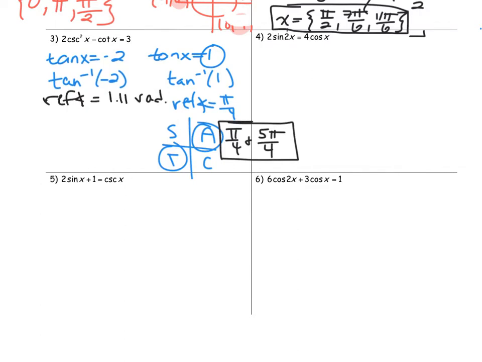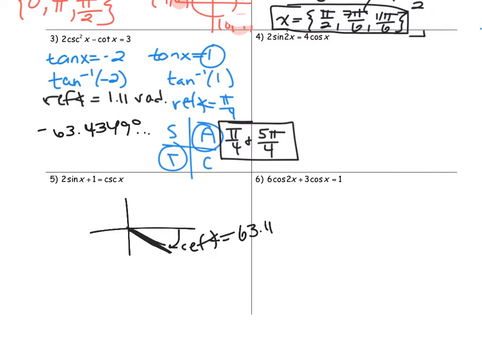Well, if I type into my calculator tan inverse of -2, you'll end up getting -63.4349 degrees, right? Okay, well, that's telling me that you're in this quadrant. So if you were to think about that, this went down by -63.43 degrees, so that means its reference angle is just 63.4349 degrees.